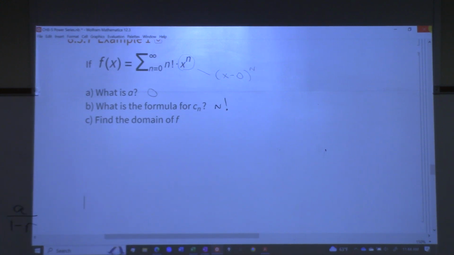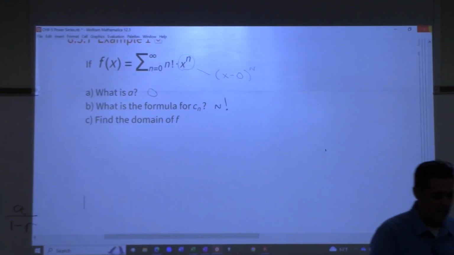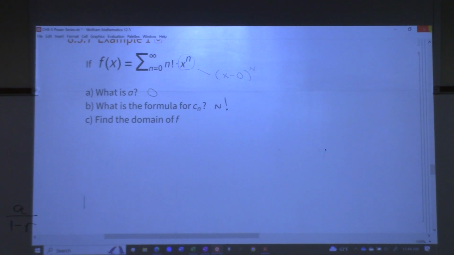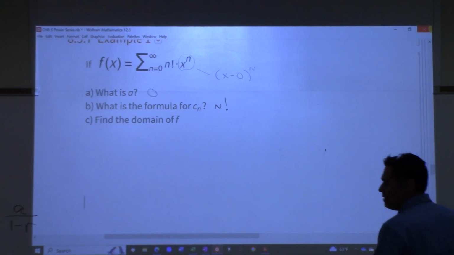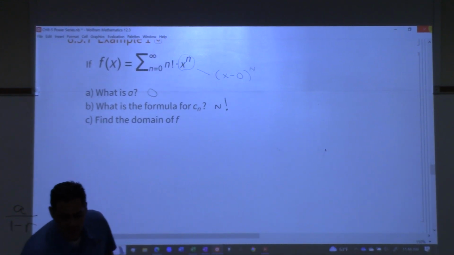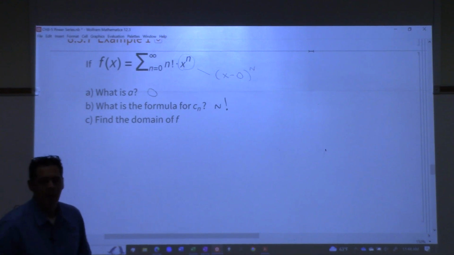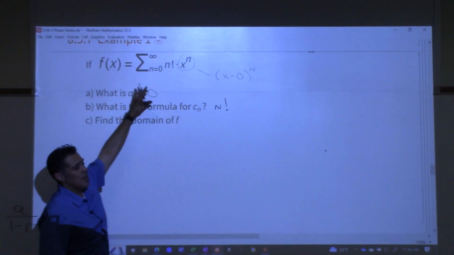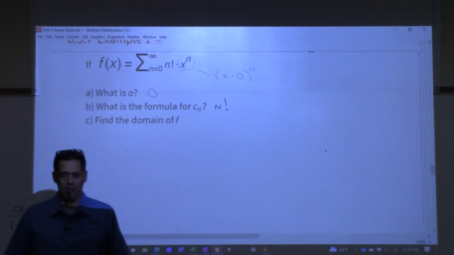And finally, what is the domain, right? What values of x will make this converge? That's right. What values of x? Now that's not something you're going to be able to look at and tell me, okay? So let me show you how we're going to do it. I have a series, right? And I want to know when it converges, right?